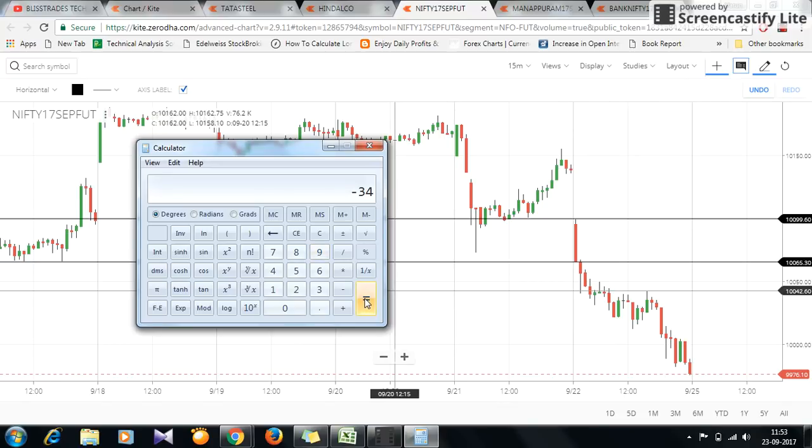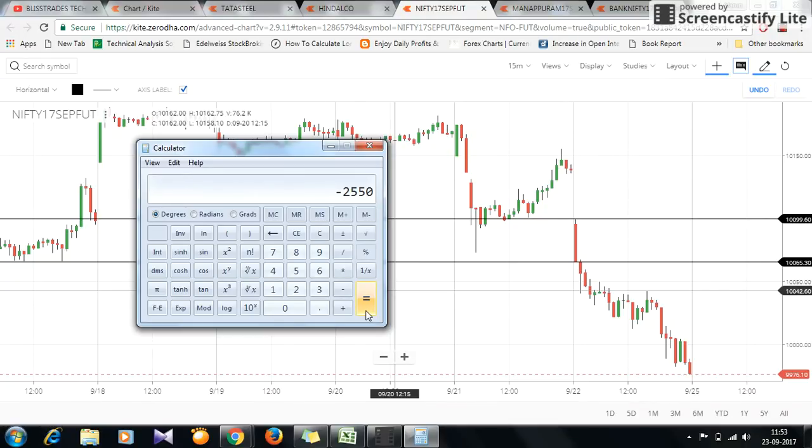So whichever order gets filled, the other order obviously will become the stop loss. So here we are working with a 34-point stop loss into 75 is 2550. So we are risking 2550 max. So even before my orders get filled by SLM system, I know that the risk in my strategy is 2550.